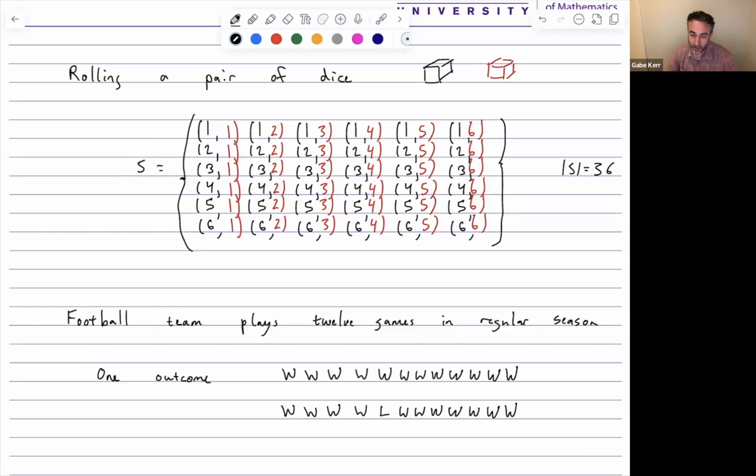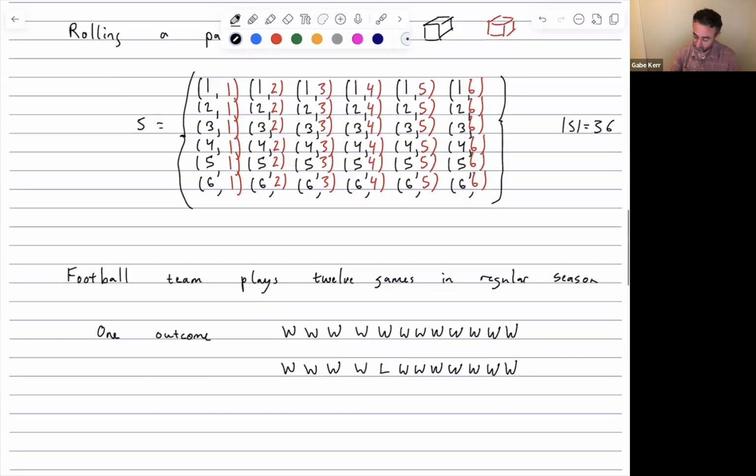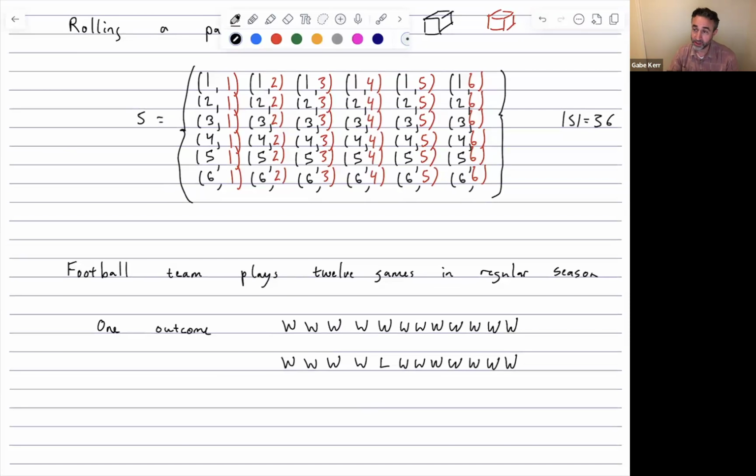They were playing some team from down south or something. And you can imagine there's an awful lot of possibilities here because this is 12 games in the season. So how am I going to write down every single possibility? The answer is you're not going to write down every single possibility, but you can imagine the sample space. The sample space is large.